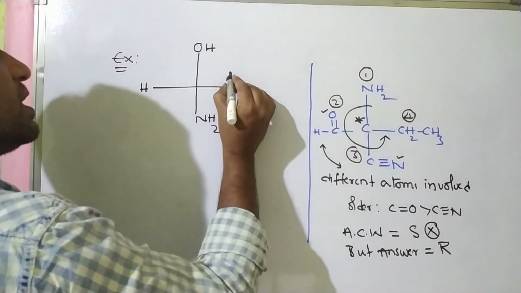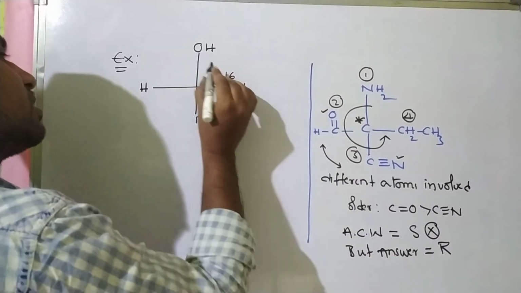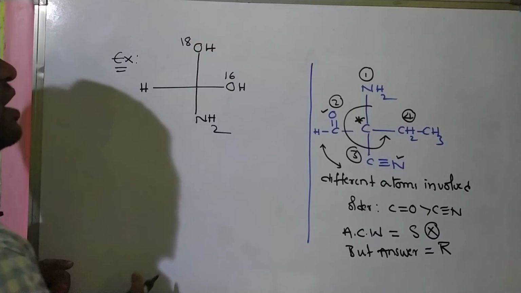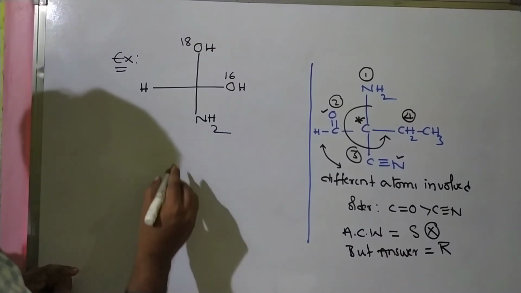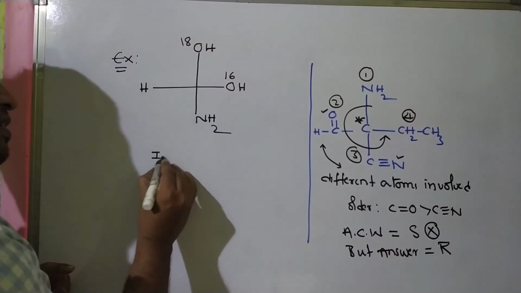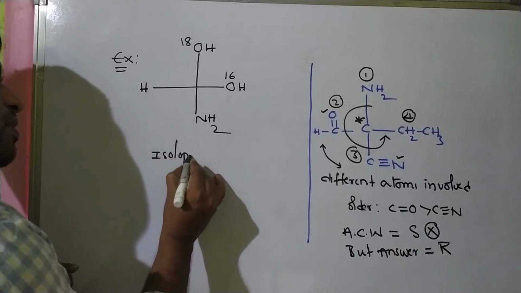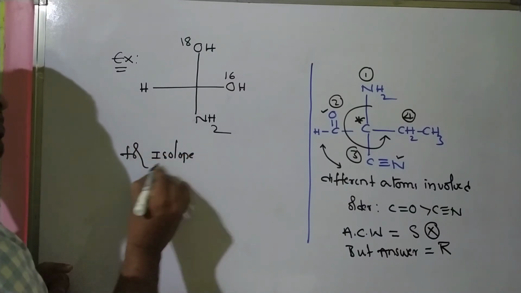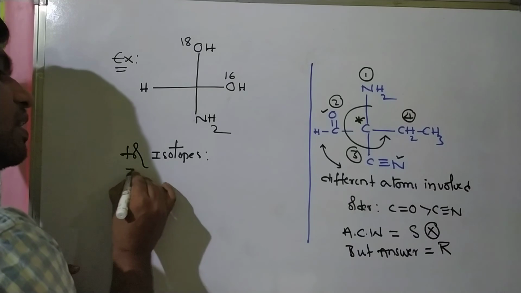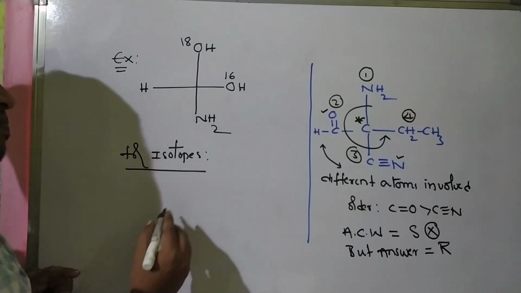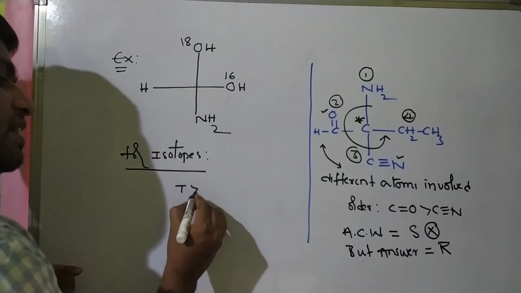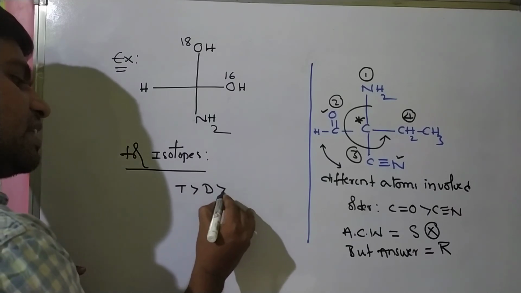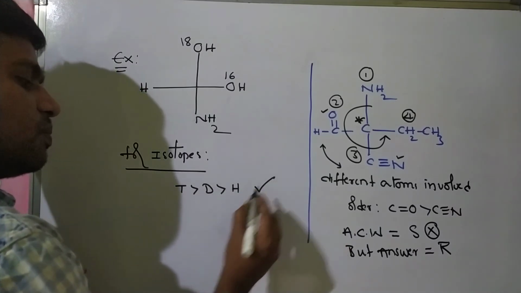But isotopes are given: oxygen 16, this is oxygen 18. If isotopes are given, for hydrogen isotopes the order of priority is tritium is greater than deuterium, which is greater than hydrogen.